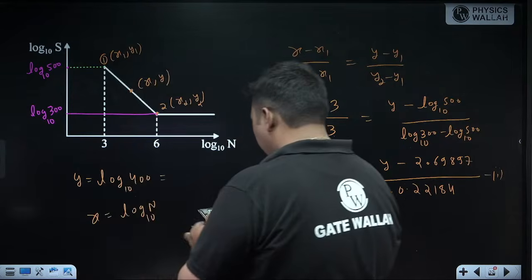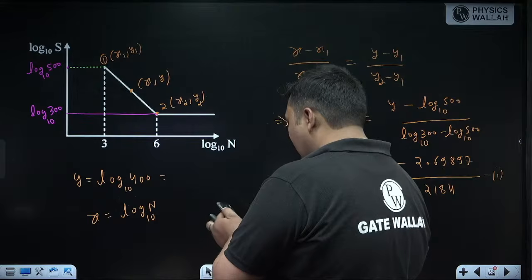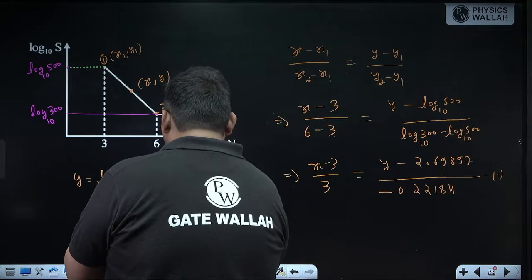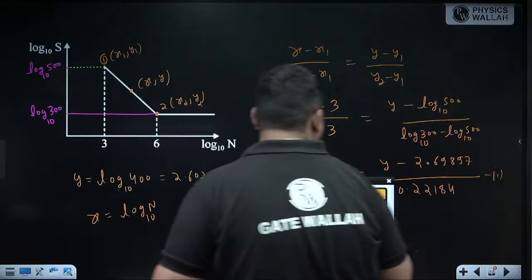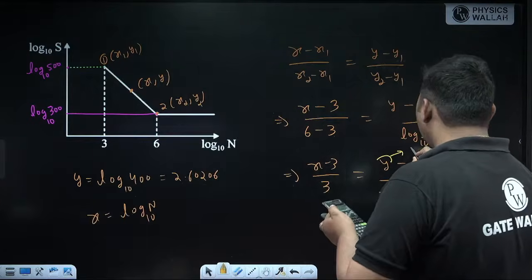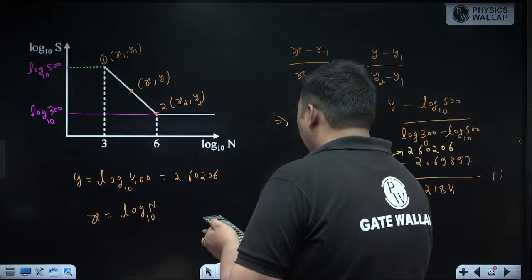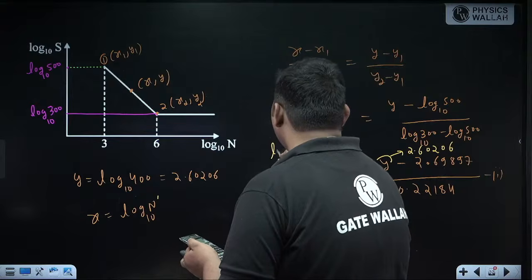Now log 400 is, I am doing direct calculation because calculation is your part. Log 400 is 2.60206. You can check the calculation. So I am replacing y by 2.60206. So x will be log of n dash.